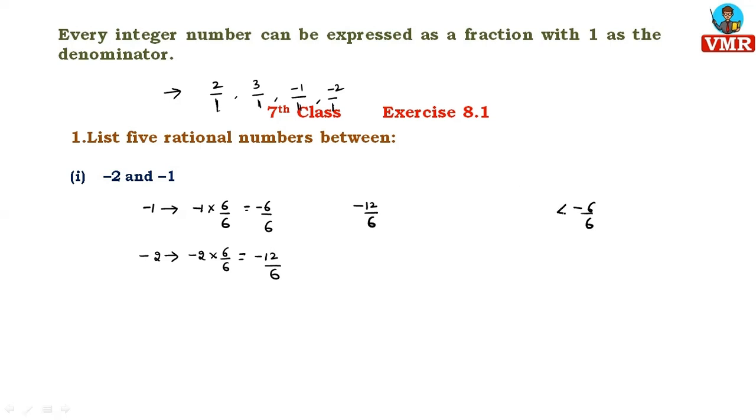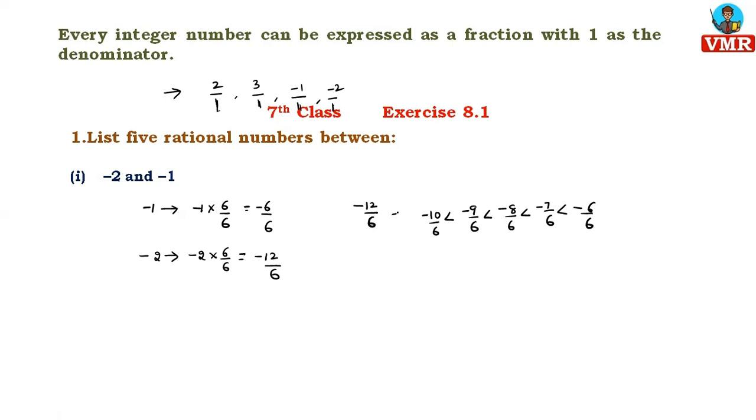If we write this, -7 by 6 is less than -6 by 6. And -8 by 6 is less than -7 by 6. -9 by 6 is less than -8 by 6. And -10 by 6 is less than -9 by 6.